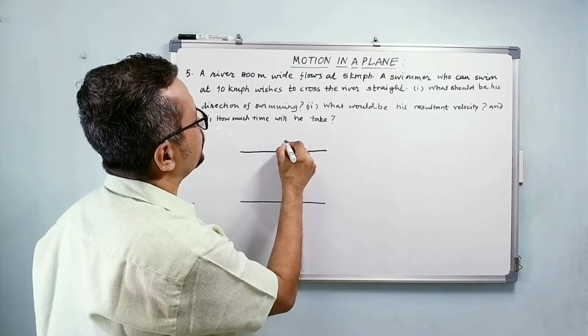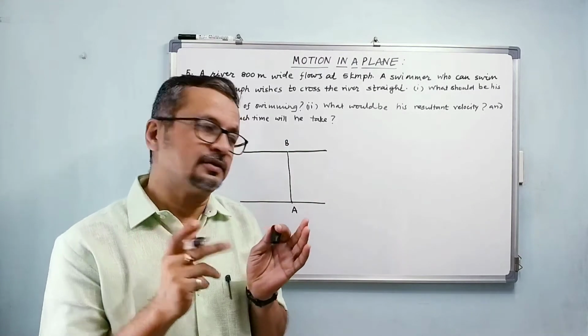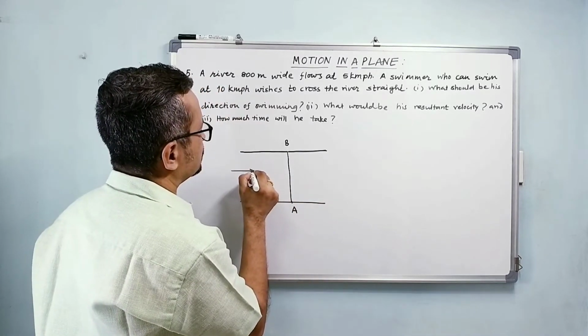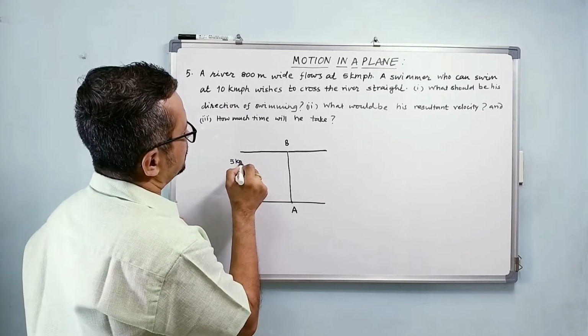So he wants to reach point B here. What is the speed of river? Speed of river is 5 kilometer per hour.